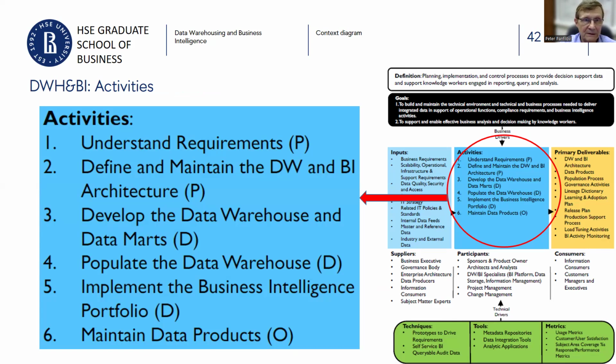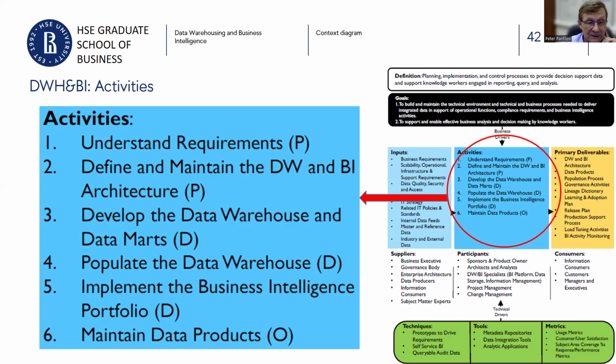We have 6 activities: 2 planning activities, 3 development activities, and operational activities. After planning, developing, and deploying a data warehouse in your information system, you need, of course, to maintain the data products in your data warehouse.